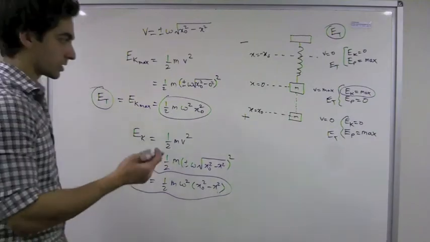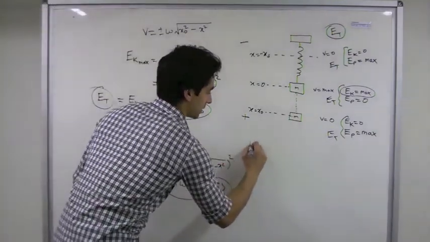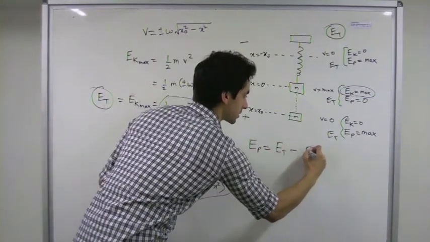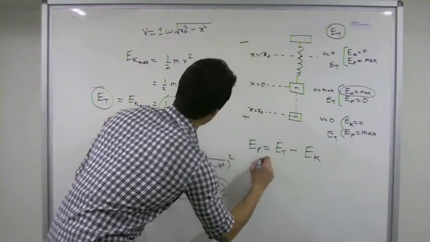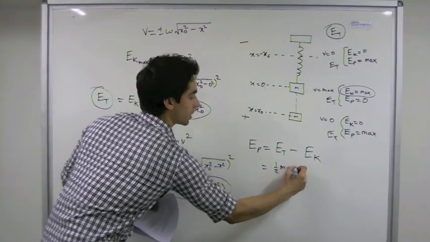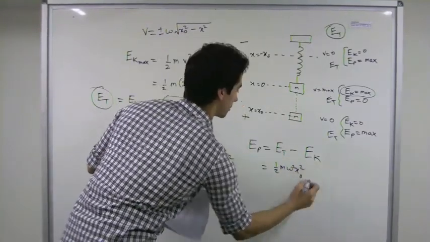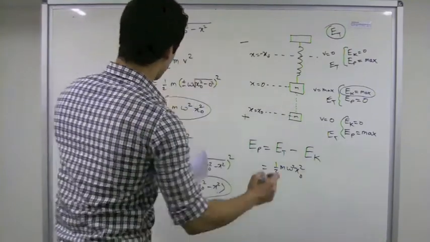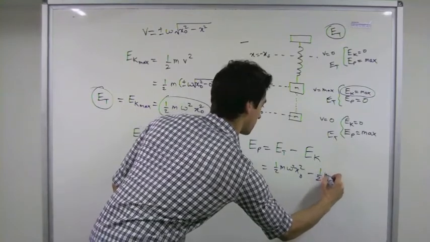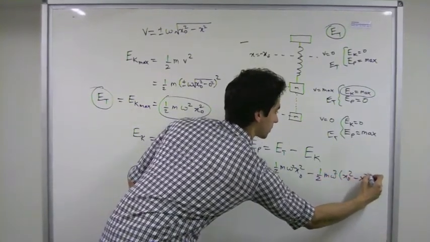Now to get the potential energy at any point, we simply have to see that the potential energy equals the total energy minus the kinetic energy, which is equal to this term here, half m omega squared x naught squared, minus half m omega squared, x naught squared minus x squared.